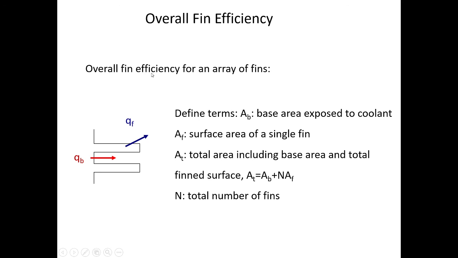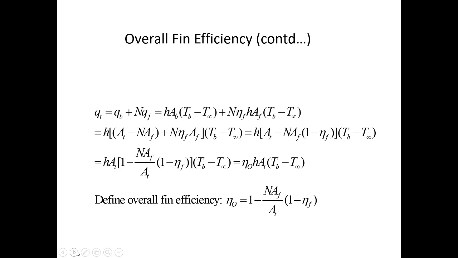Overall fin efficiency for an array of fins is defined in terms of Ab, the base area exposed to coolant, Af equals the surface area of a single fin, and At the total area including base area and total fin surface, that is Ab plus N Af, where N is the total number of fins.